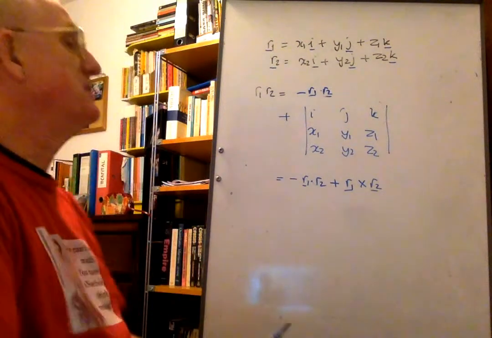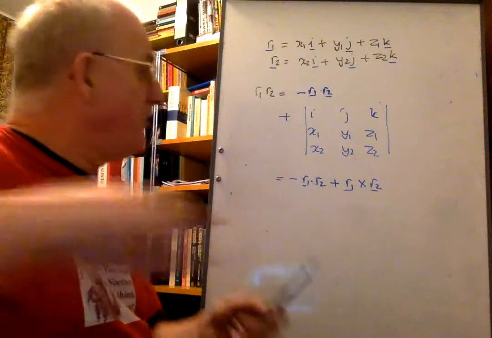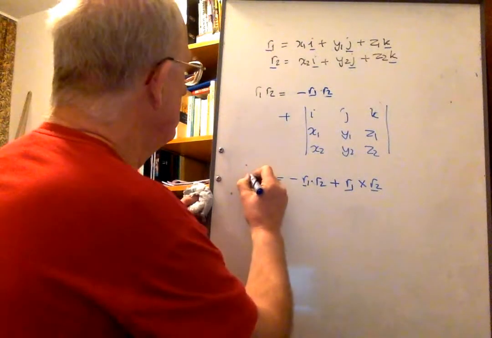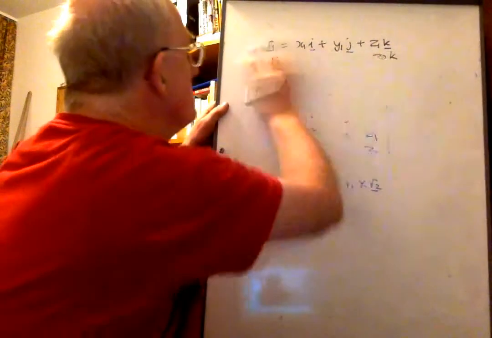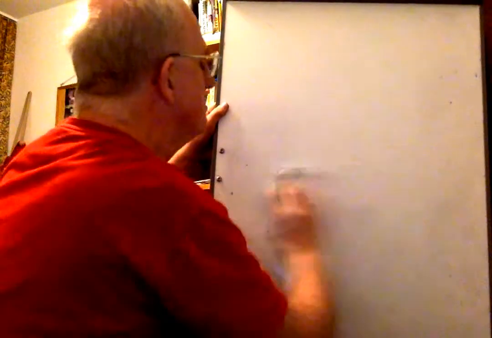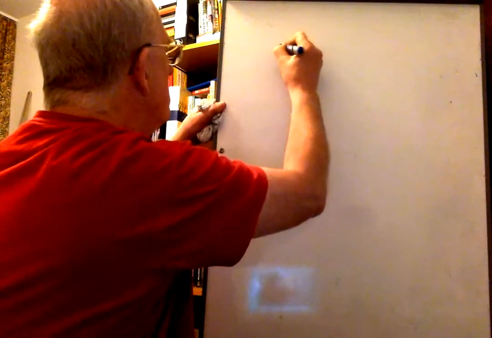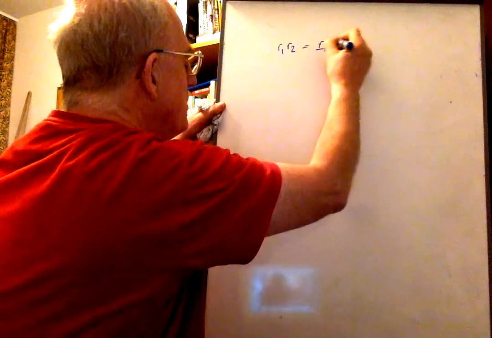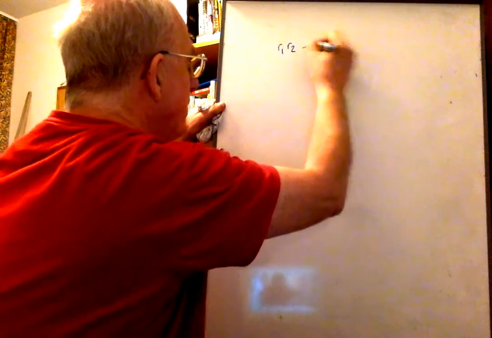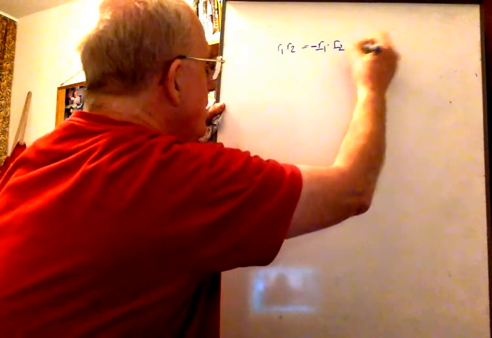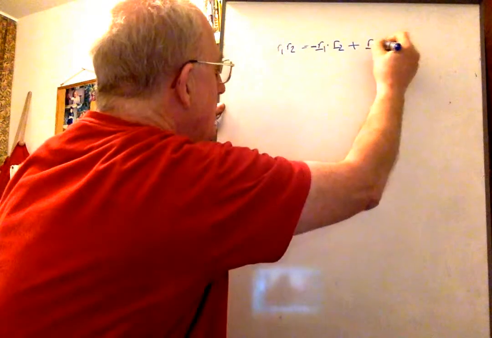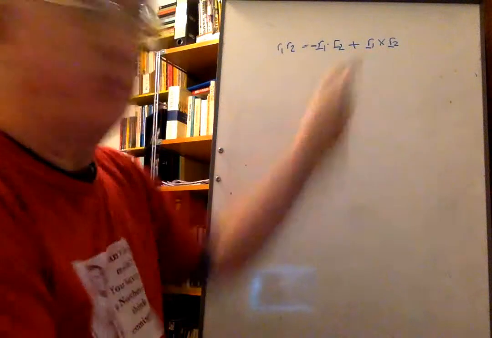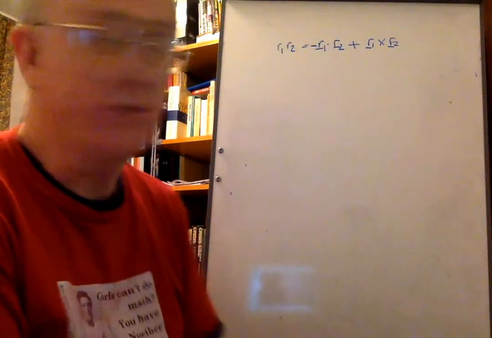Now, that fact explains a whole heap of things. So we've got R1, R2 as the quaternion product is equal to minus the vector dot product plus the vector cross product, as long as we reinterpret that vector cross product to be a quaternion.